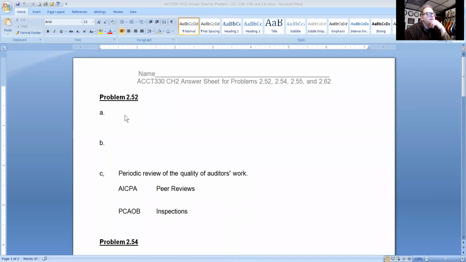Now you guys did, at least most of you did, the problem from last week, 2-52. And the only thing I want to put on there is it asks for what are the standards for B. The AICPA, they issue auditing standards.